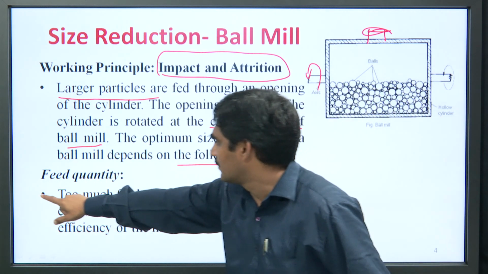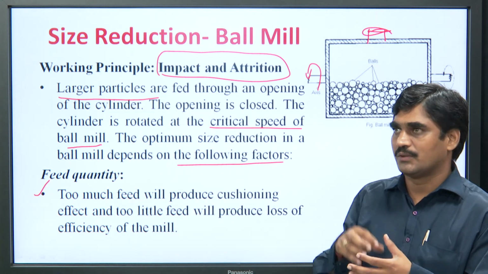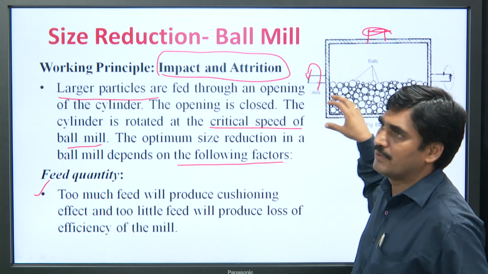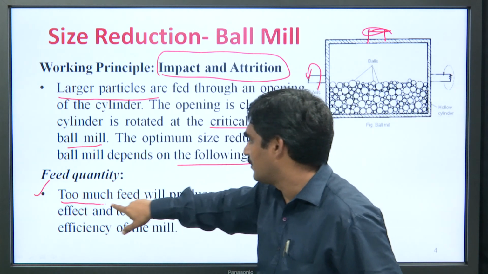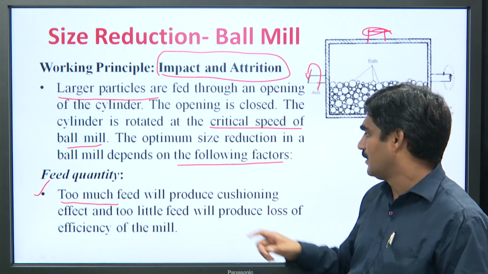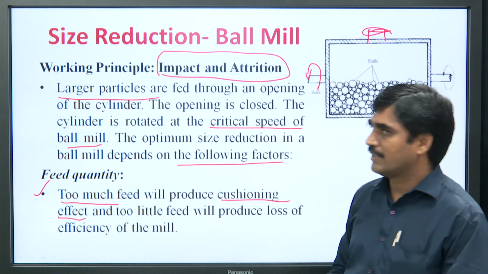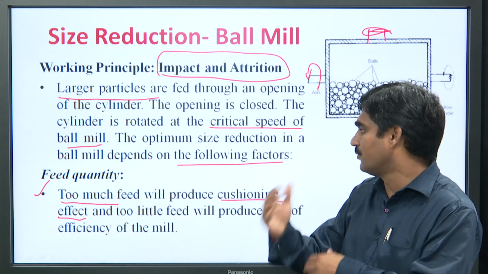What are the factors? First one is feed quantity, that means how much quantity of feed we are entering into the ball mill for size reduction. If the feed quantity is large, that is too much feed, it will produce a cushioning effect. Cushioning effect means सहलाना, उसके ऊपर सिर्फ मूव करेगी.